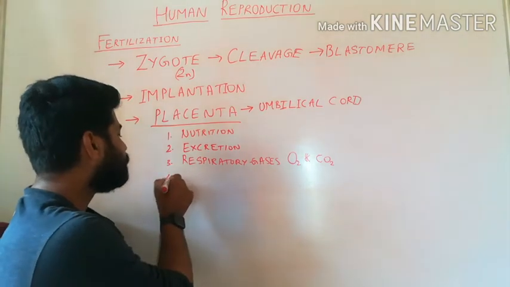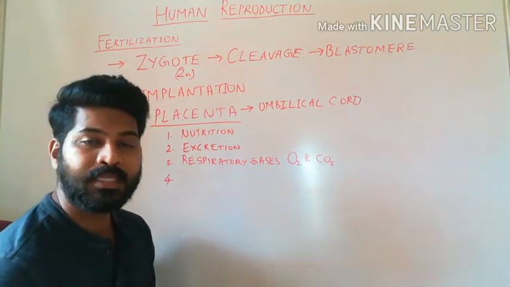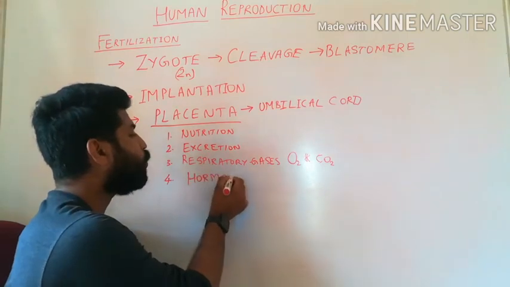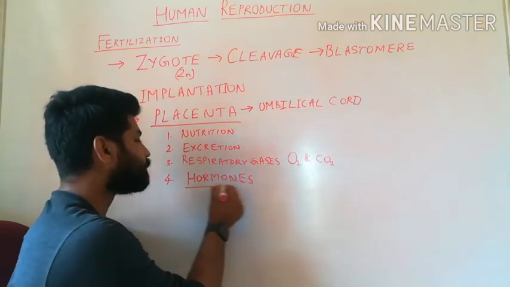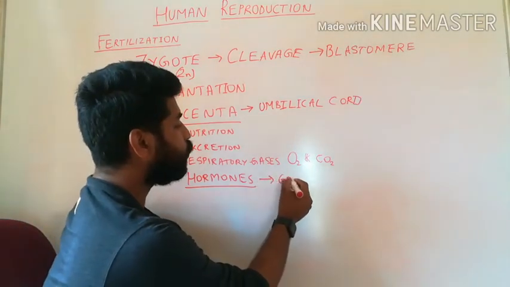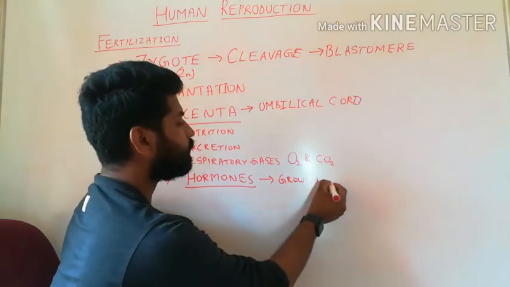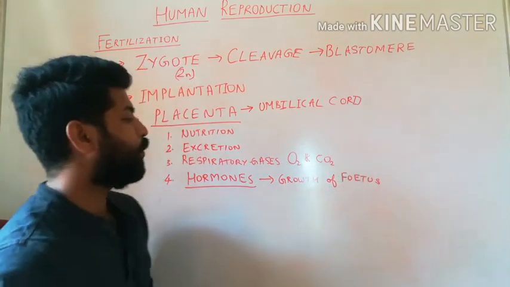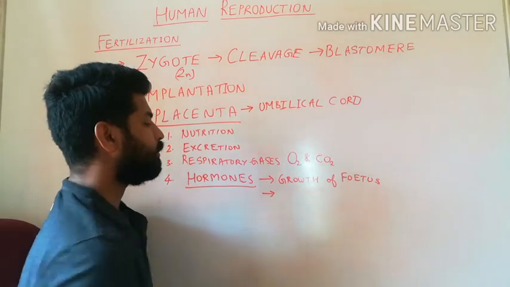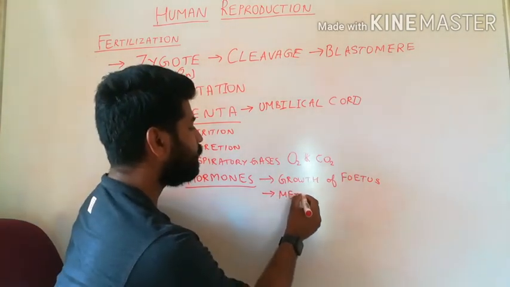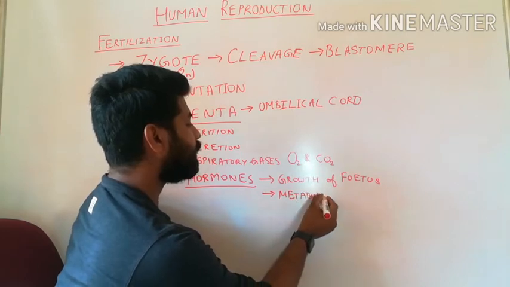Not only that, the placenta produces many hormones which are very essential for the growth of the fetus, which means that during pregnancy the metabolism in the mother will increase.